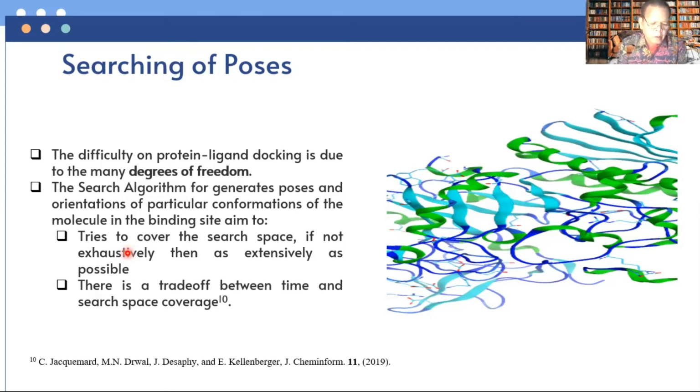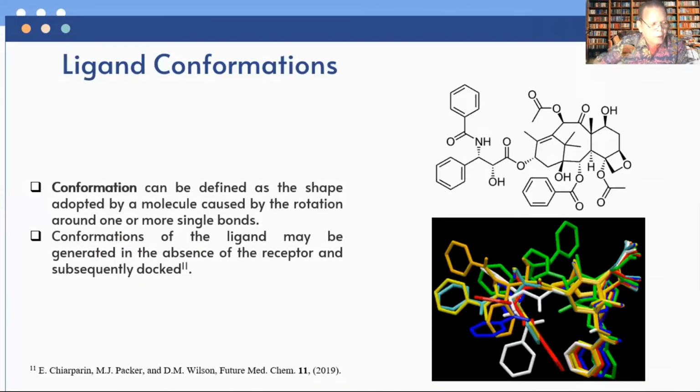Search algorithms generate poses and orientations of the conformation of the molecule in the binding site, aiming to cover the search space, if not exhaustively, then as extensively as possible. Then there is a trade-off between time and search space coverage.